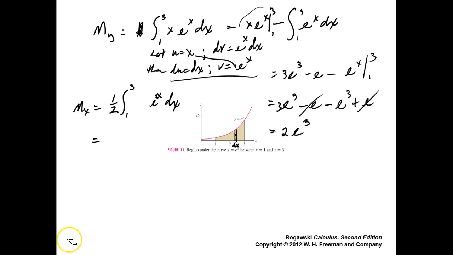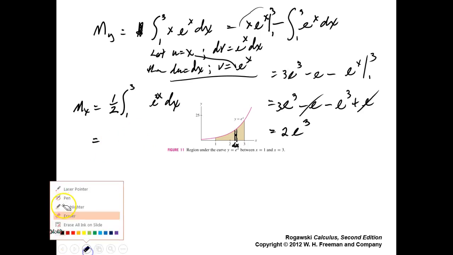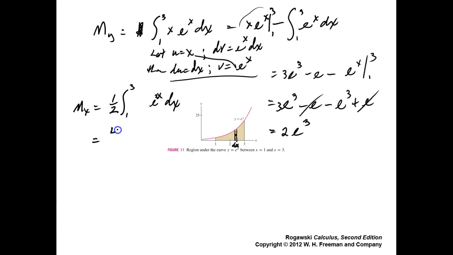Okay, so what would be your substitution? 2x, I like it. Then du is equal to? 2dx. Okay, perfect.